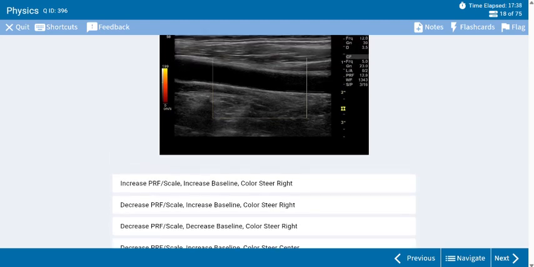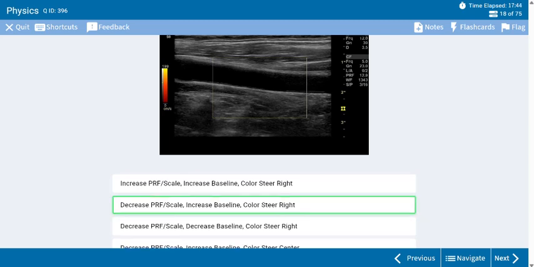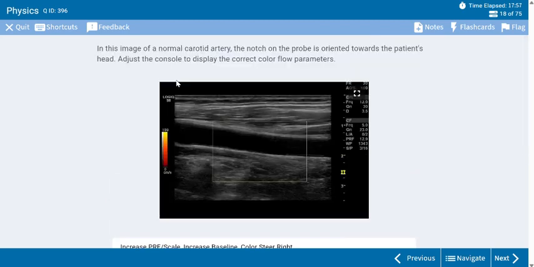If you move it up, it will increase the baseline. You would have to decrease the PRF because it is too high. So 2 divided by 199, let me do this off the top of my head, it's like 80, and that is too high for an artery. So you'd want it to be around 30, 40 PRFs.